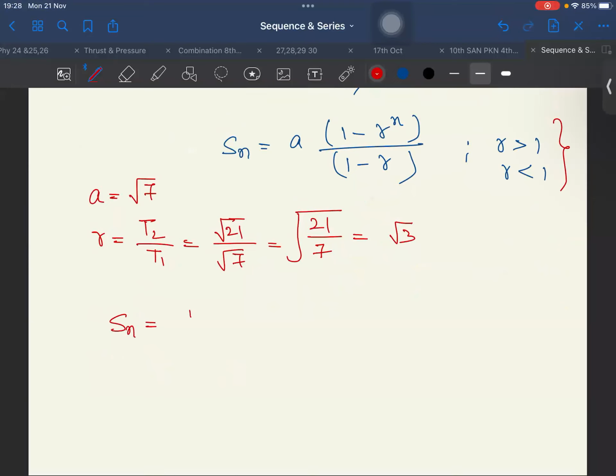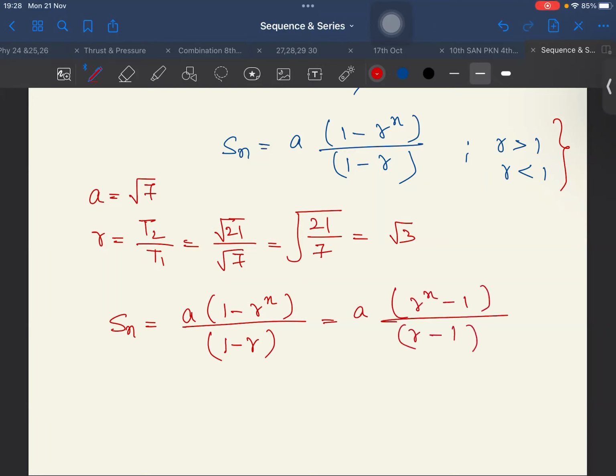So Sn is a (1 minus r to the power of n) upon 1 minus r. Or if you want, you can use a (r to the power of n minus 1) upon r minus 1. Anybody having trouble with why I'm doing this? You can use these two formulas.